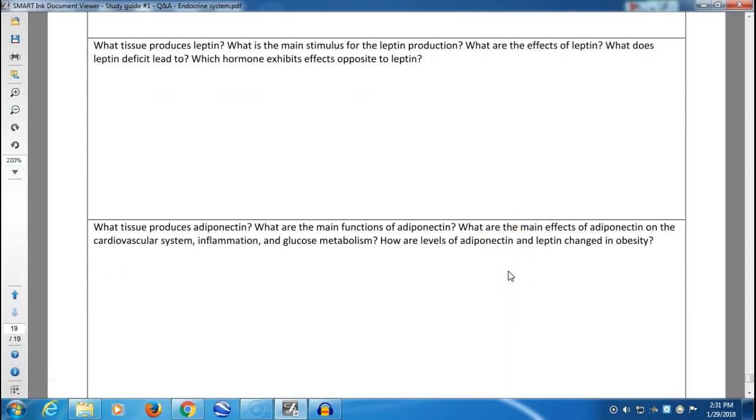Now for leptin. Stimulus for leptin is food that you eat, and it results in the feeling of satiety, so you stop eating. So if somebody doesn't have leptin produced, what is this person going to have?